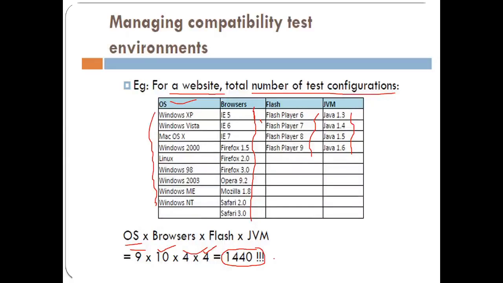So according to the market survey, which are the most popular softwares, mostly used by the users, which infrastructure gives the best performance and is supportable and compatible, according to that you are going to select the requirements for your software and perform the compatibility testing on that.